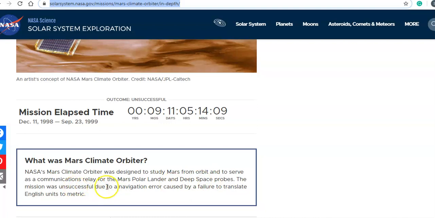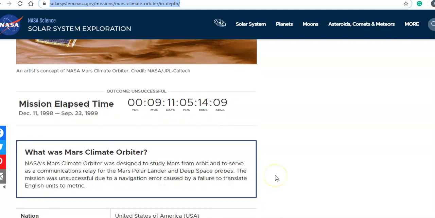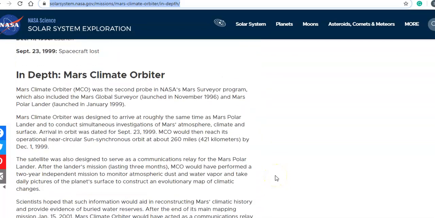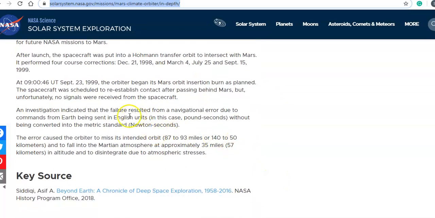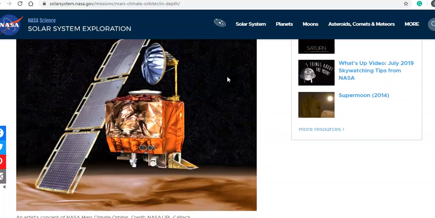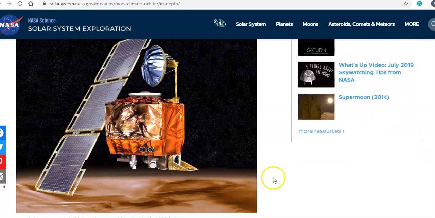The mission was unsuccessful due to a navigation error caused by a failure to translate English units to metric. So they were sending units in pound seconds and not the standard Newton seconds. That caused $150 million of damage just by not using the correct units.